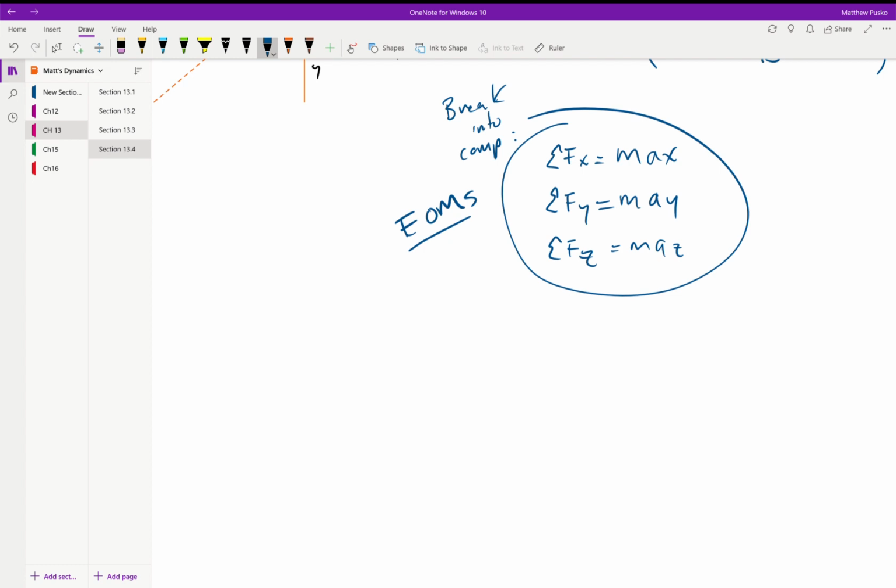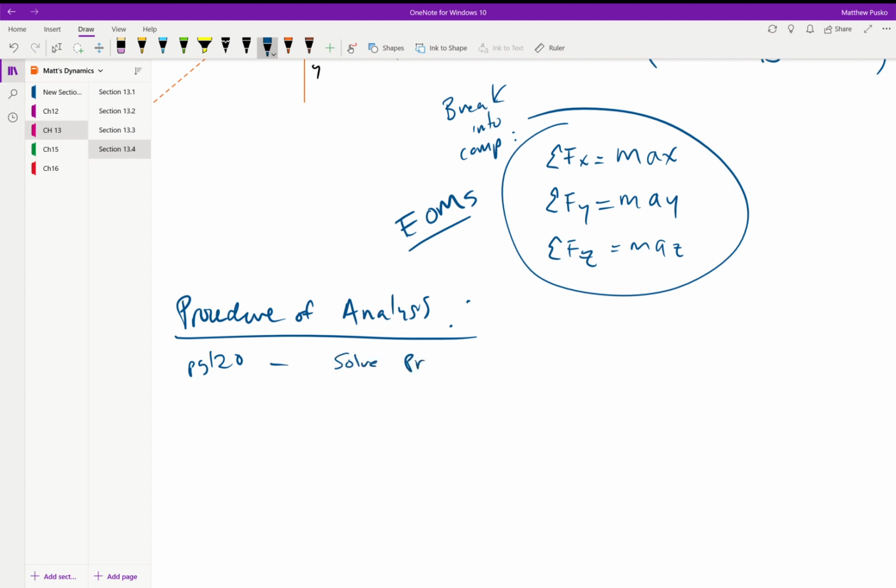Now I'm just going to spend some time talking through the green procedure of analysis. Okay, this is on page 120 in the textbook. This is how we're going to solve problems. Most of our problems are going to start with forces or moments given to us, and we're going to have to analyze the geometry.